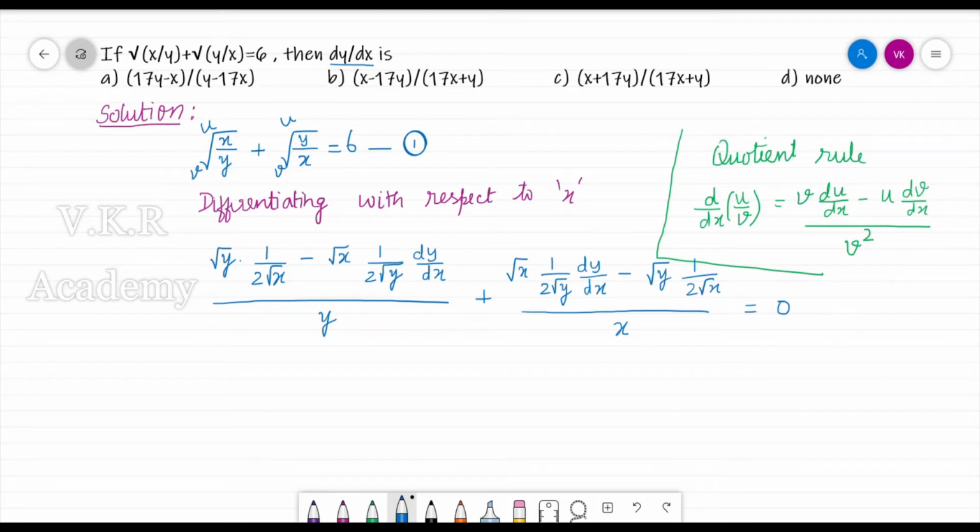So on taking LCM, we can pick 1 by 2 from each of the terms. In the numerator, we have 1 by 2 and the LCM is xy. So it is 1 by 2 xy. In the first term, we have to multiply by x because the LCM is xy.